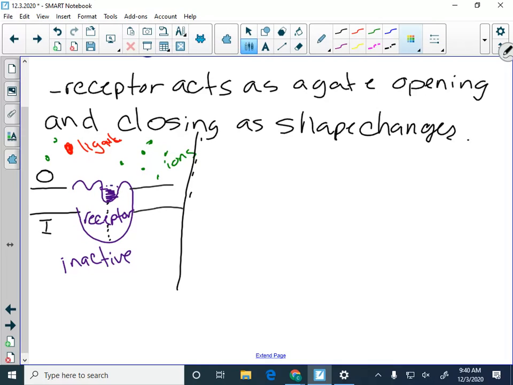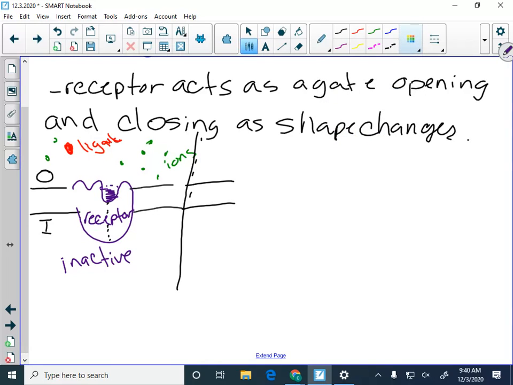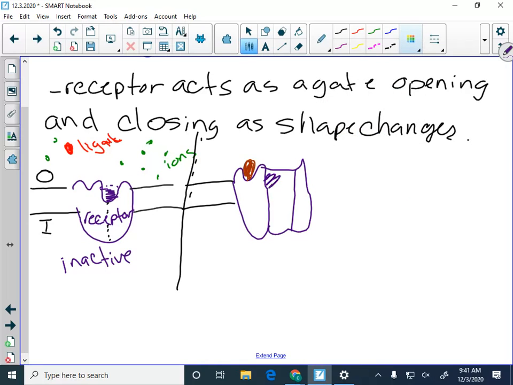So our next phase, our ligand will bind to our receptor, our receptor will open our gate.